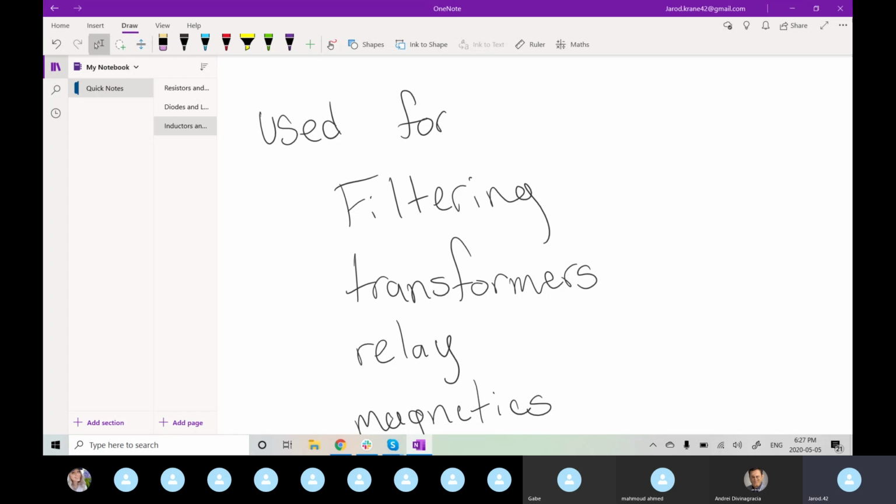The more you coil, the greater the magnetic field, and the higher the current you push through, the greater the magnetic field.